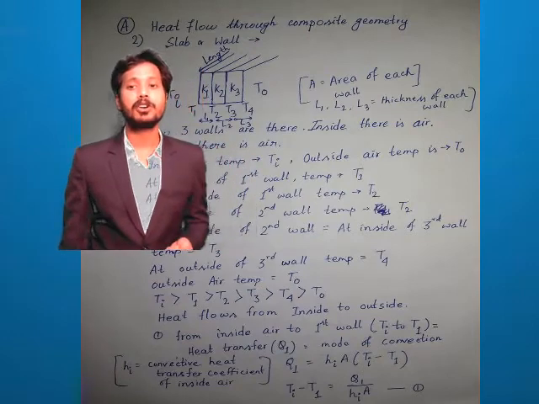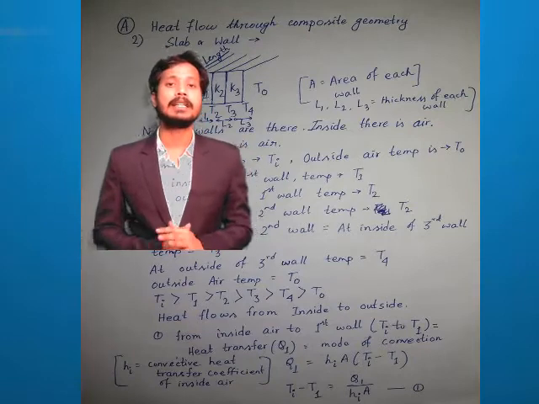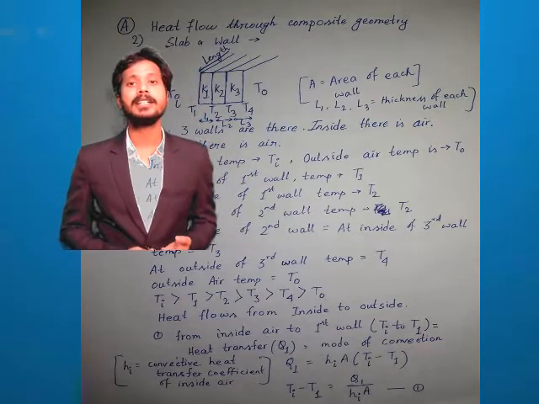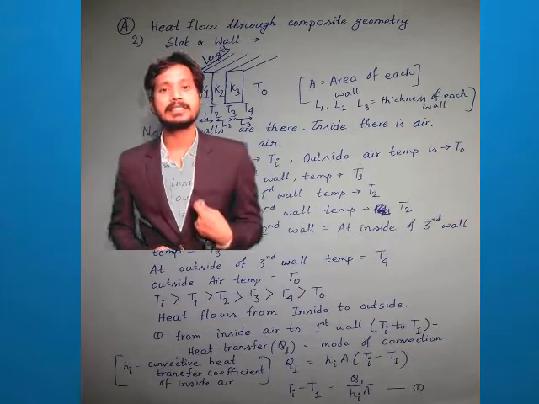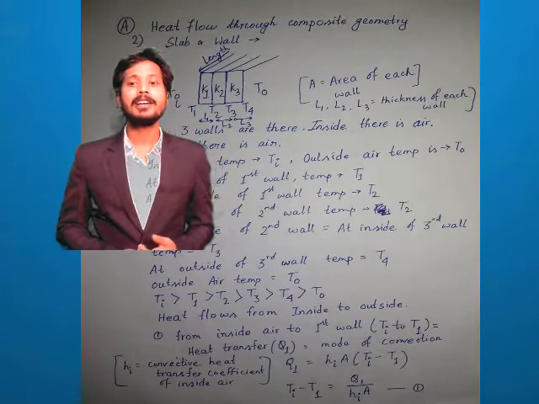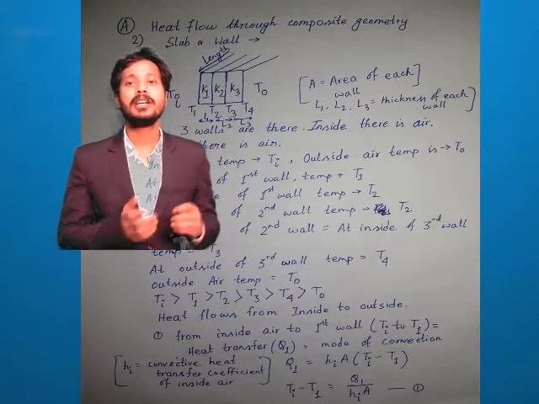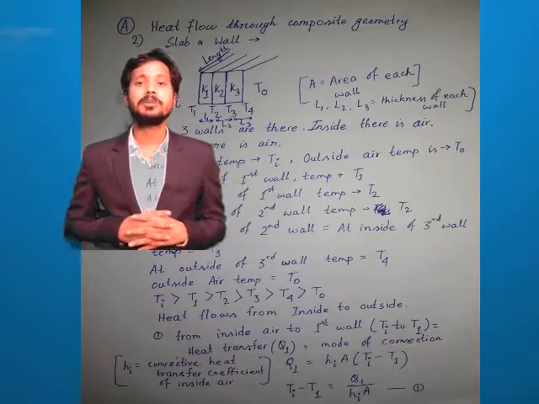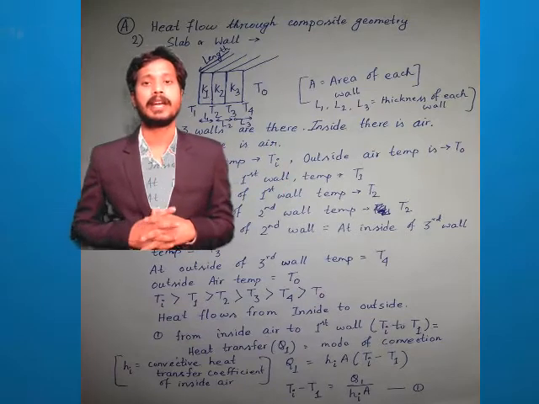I remember the formula, so I can recall it: Q equals h into A into delta T. Here h is Hi, the convective heat transfer coefficient inside, multiplied with A, the area, multiplied with Ti minus T1, that means the temperature difference between the inside air and the first wall. So I can write the value of Ti minus T1 equals Q divided by Hi into A.